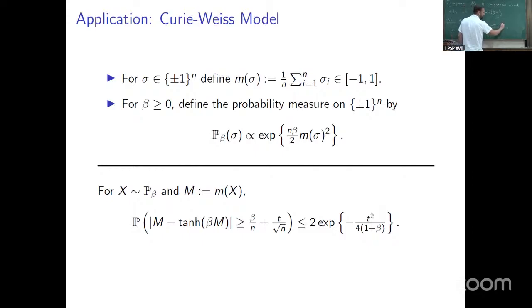So this is tanh beta alpha, and the slope at 0 is beta. When beta is less than 1, it starts up here and comes in a shallow way, and even when beta equals 1, it just touches it and goes. So there's only one solution, at 0. This is the high temperature regime, because beta is the inverse temperature.